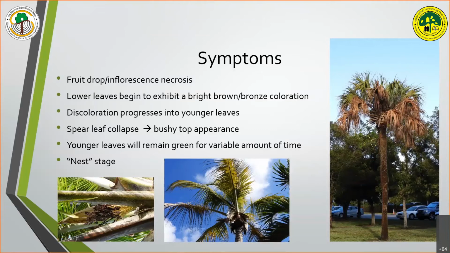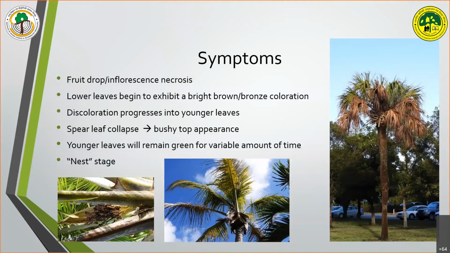Now, in a species like coconut, where it's always producing fruit, that's a very reliable character or symptom. But in some of the other ornamental species that have a more temporal production of inflorescence and flowers, or excuse me, and fruit, it's not always reliable. It just depends on the time of year.